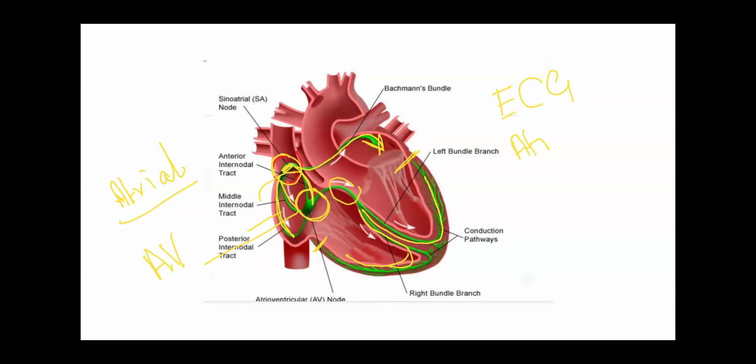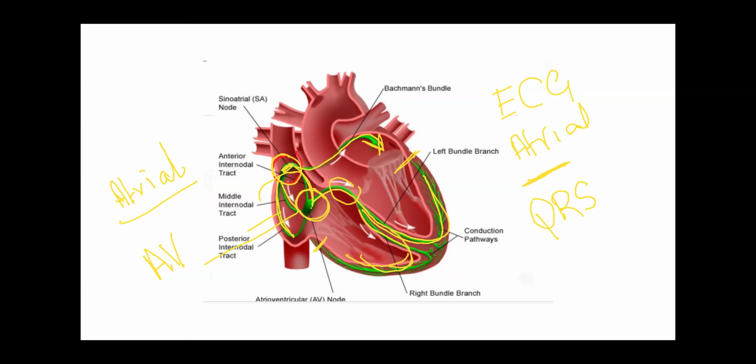When the atria contract, the electricity goes to the AV node. Then there is a pause over here. Then from the AV node, the electricity goes through the bundle branches into the ventricle and causes ventricular contraction, which is seen in the form of the QRS complex.